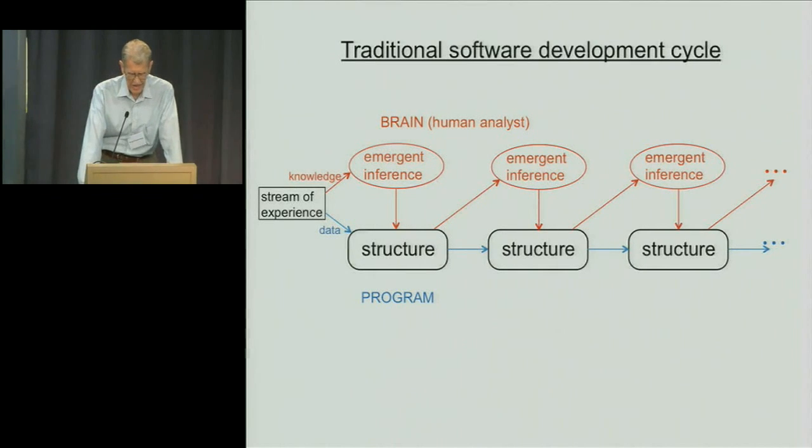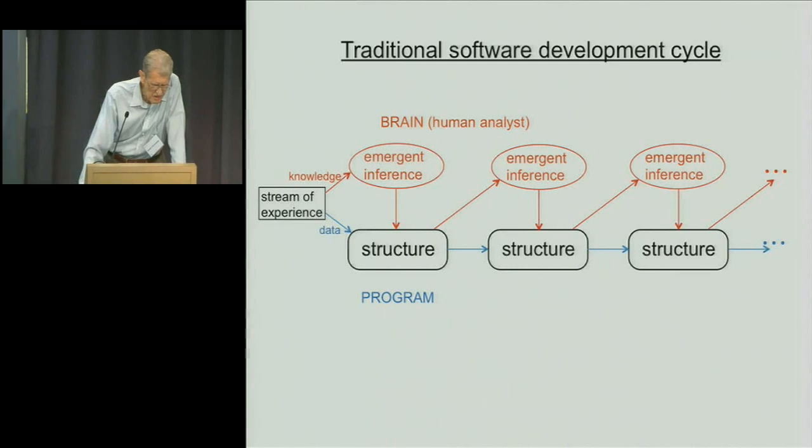Now to more practical things. This represents a traditional process of programming by a human programmer. The brain is represented on the upper row, and the structures it creates on the lower row.